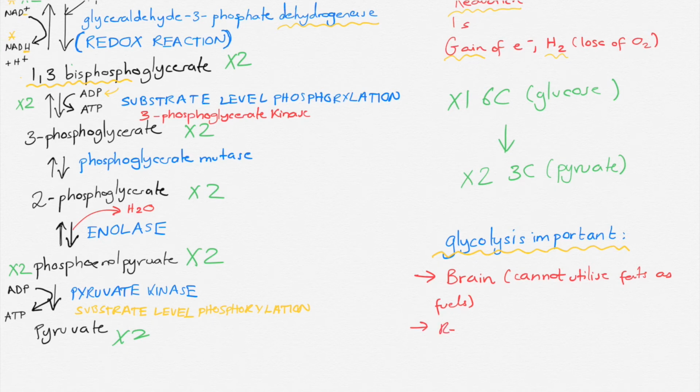Glycolysis is important in your red blood cells because, as you know, mature red blood cells do not have mitochondria, and mitochondria is needed for the TCA cycle and oxidative phosphorylation. I'll talk to you about that after.